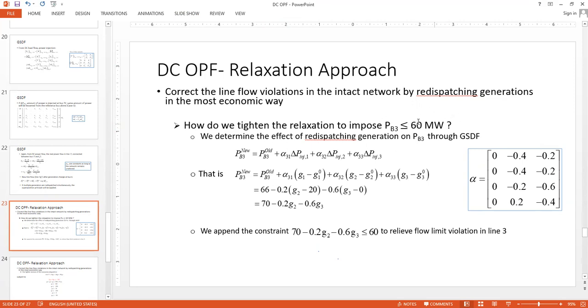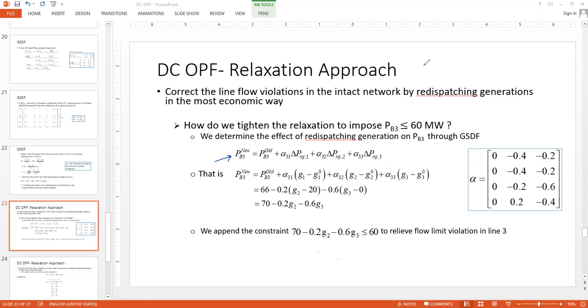For doing this, we will use the knowledge of GSDF. And here we will consider that all the generating units are participating, not only the slack bus, in our redispatching solution. So how are we writing it?